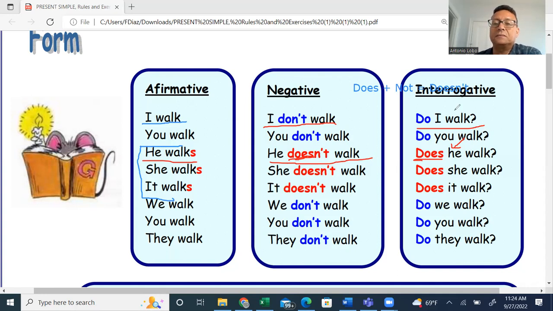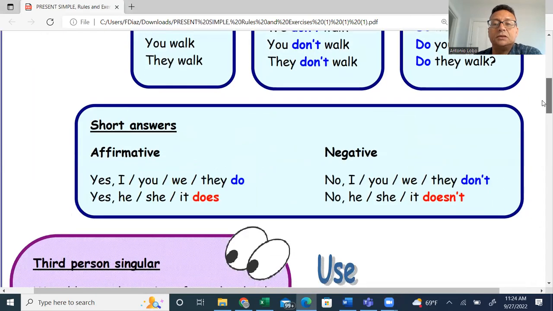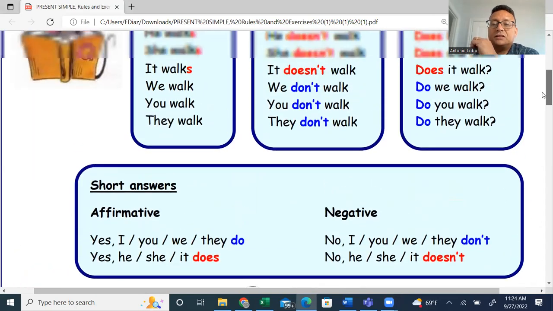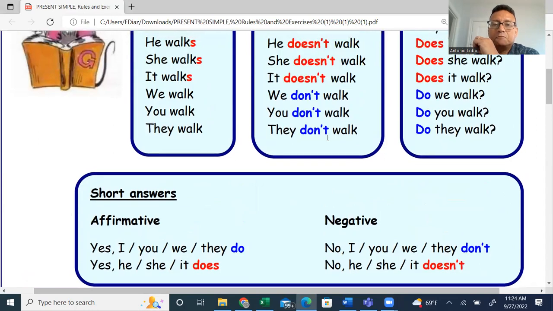The next thing is when you use the verb in the present tense. Okay, when you ask question, you can give short answer. Do you like to drink beer? Yes, I like to drink beer.